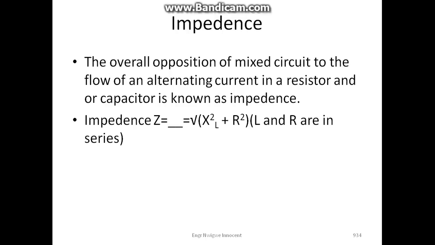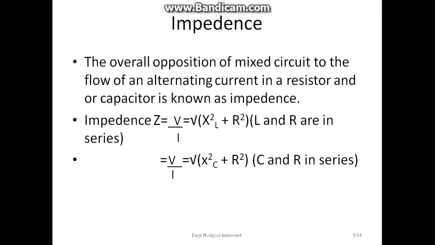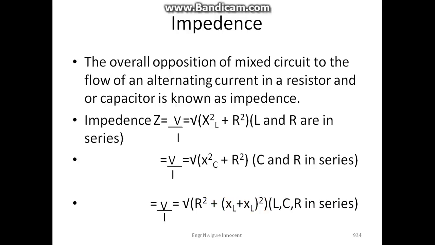Impedance Z is equal to V over I, which is equal to square root of (XL squared plus R squared), where L and R are in series, which also equals V over I, which equals square root of (XC squared plus R squared), C and R in series, which also equals V over I, which equals square root of (R squared plus (XL minus XC) squared), where L, C and R are in series.